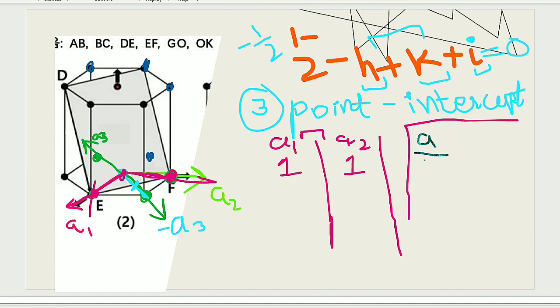Point intercept form: point in the numerator, here a is any point on the plane, divided by the a1 intercept that we have found for the plane, which is 1.